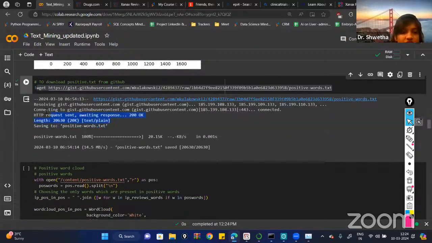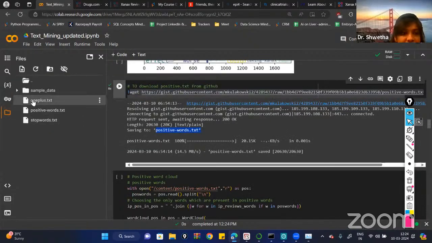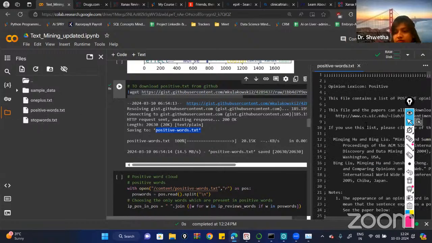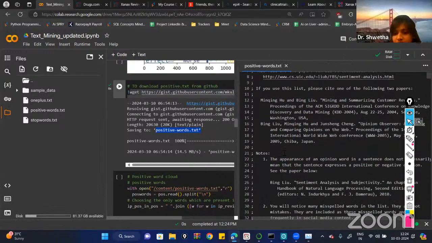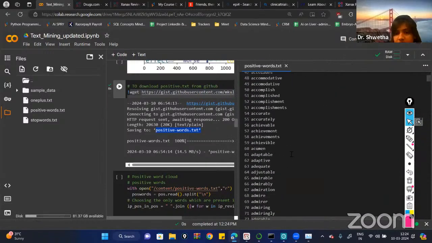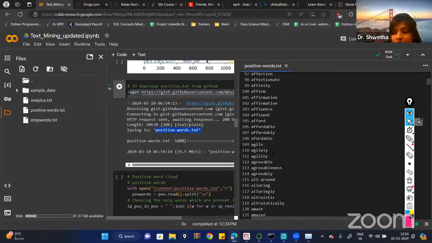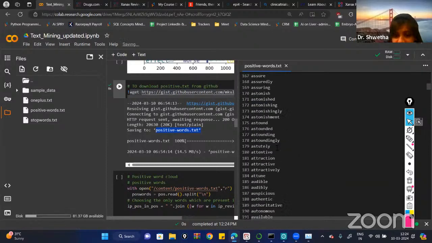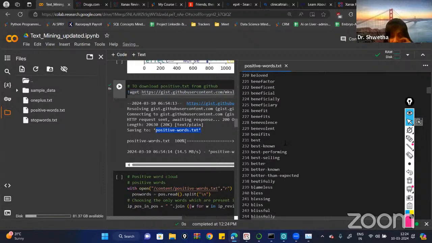Okay, so this is downloaded and saved to positive-words.txt. Here you can see in the runtime. This is the document for all the positive words.